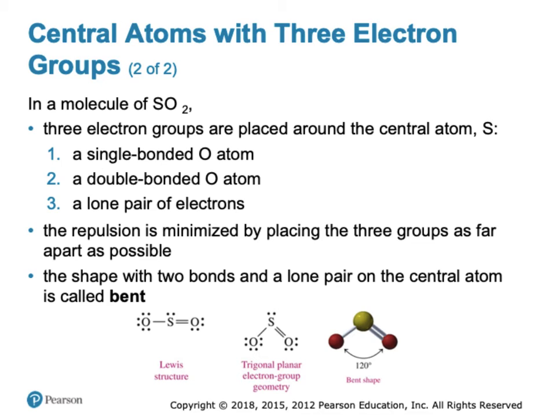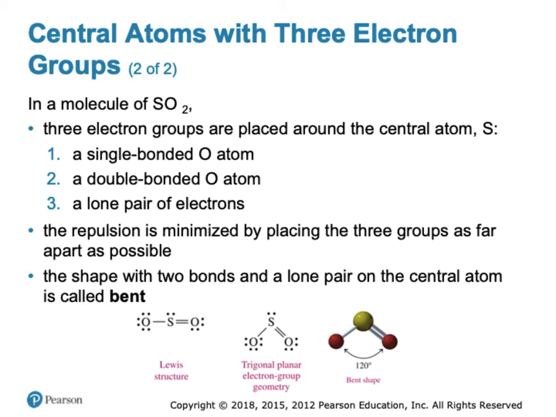In a molecule of SO2, sulfur dioxide, there are also 3 electron groups. However, the 3 electron groups are different than the 3 electron groups that we saw in formaldehyde. You can have a single bonded oxygen atom, a double bonded oxygen, and a lone pair of electrons. In order to minimize repulsion, you will have a bent shape here.